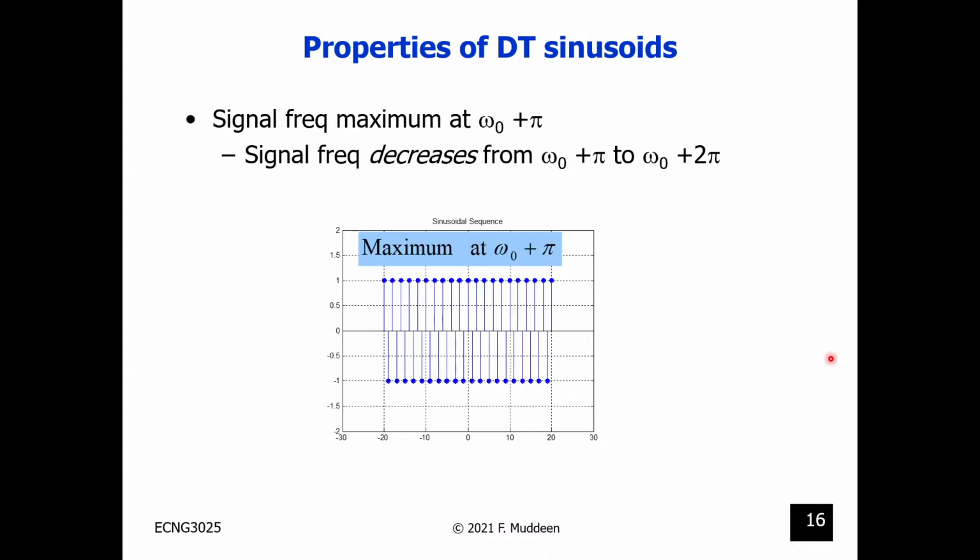Conversely, if we move from omega naught plus pi to a phase shift of omega naught plus 2 pi, as we saw in the previous slides, once we hit omega naught plus 2 pi, we're just going to go back to our original signal, our discretized time sinusoid. So once we start moving from omega naught plus pi, which is our maximum signal frequency, back to omega naught plus 2 pi, the signal frequency in discretized time is going to decrease accordingly.